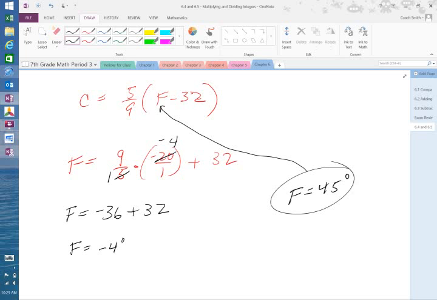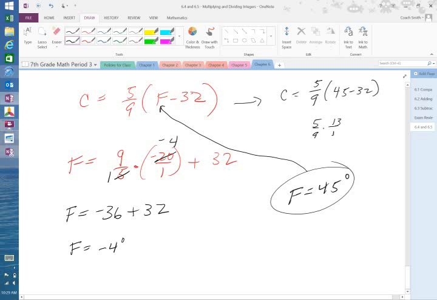That's why I don't like doing these in my head, because if I finish this one out, you're going to end up with basically this. Celsius is equal to 5/9 times 45 minus 32, which is 13. And you're going to have 5/9 times 13 over 1, which is 65 over 9, and so you're going to get a decimal number. And the ones they're going to give you, you're not going to get a decimal number. But that's how you would do it.